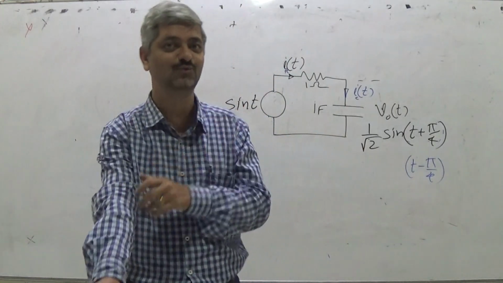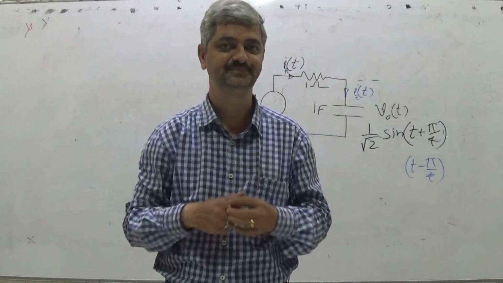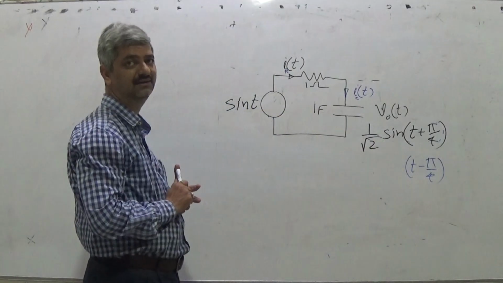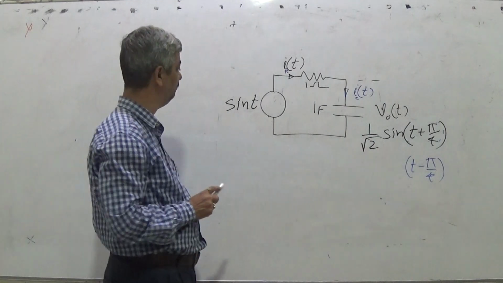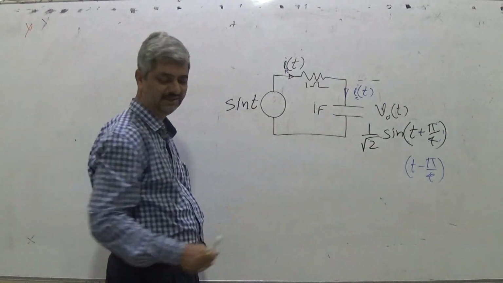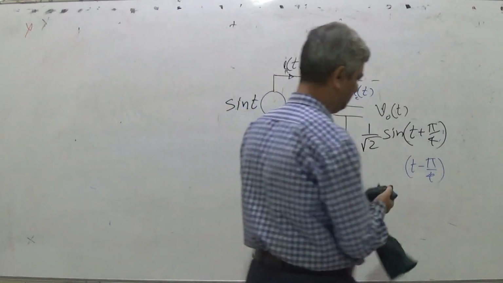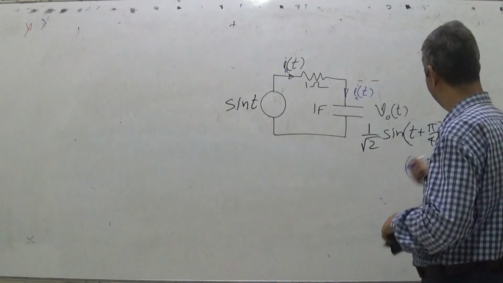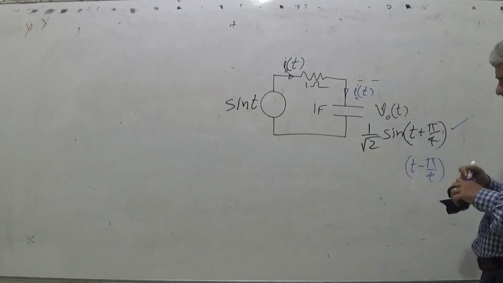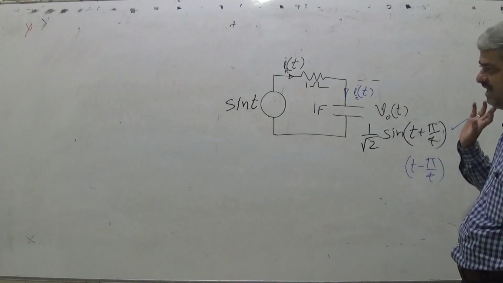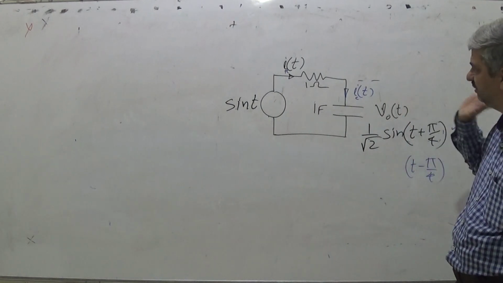But I would like to ask a very interesting question. At t equal to 0, what will happen? At t equal to 0, what is the input? Let us assume, just for the sake of assumption, that 1 upon root 2 sine of t plus pi by 4 is the answer for the output voltage.